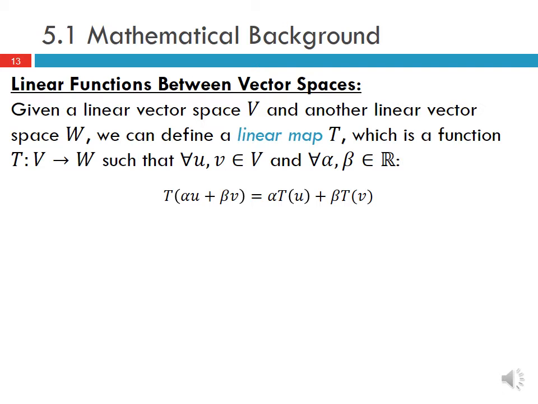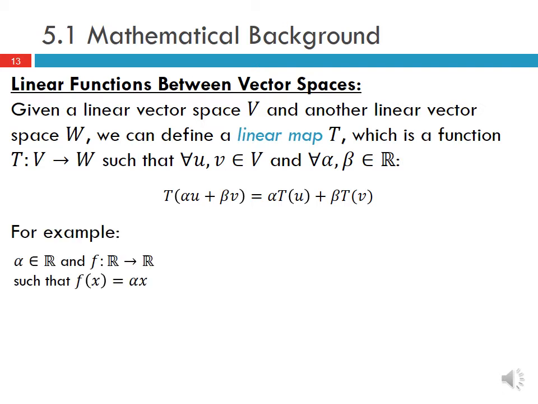For example, if we have some alpha in R and we want to define a map that goes from R to R such that f of x is equal to alpha x, what does this mean? It means that I've got my values of x, and I've got f of x, and if I define this function with alpha equal to 5, then f of x is equal to 5x.